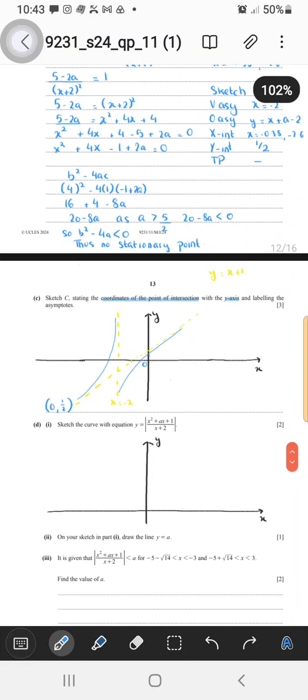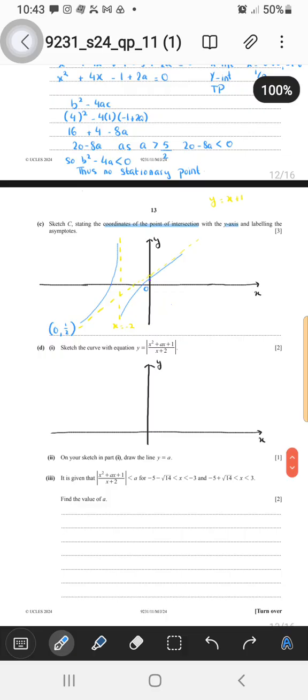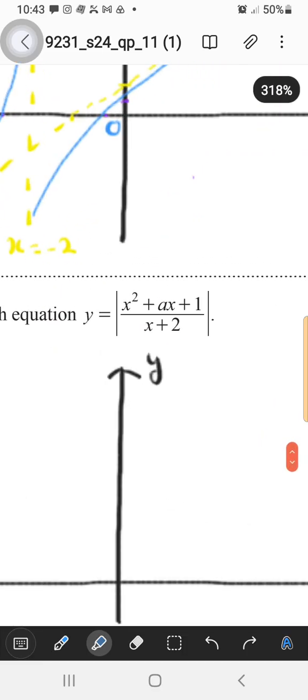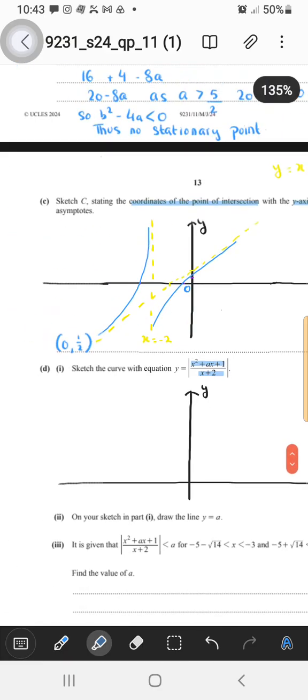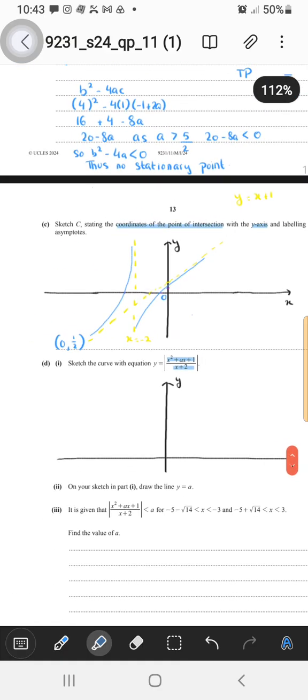The examiner can cut marks, so don't give the examiner any chance to cut your marks. In the next part it says sketch the curve with equation modulus of (x squared plus ax plus 1) over (x plus 2). The same curve, we have to sketch the modulus of the same curve.